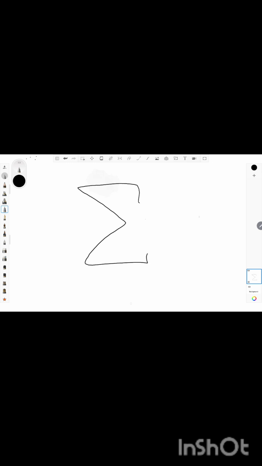What is this, you might ask? Well, this is called the sigma. I know my writing is bad since I'm on my tablet right now. So this is basically sigma, or possibly known as sigma notation.